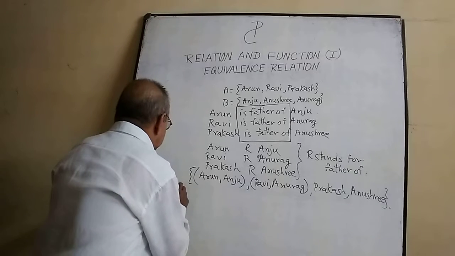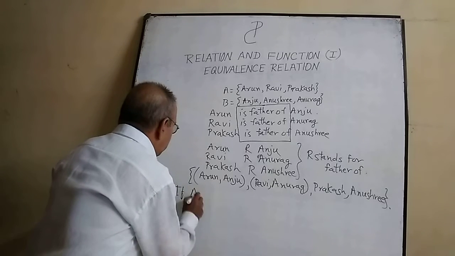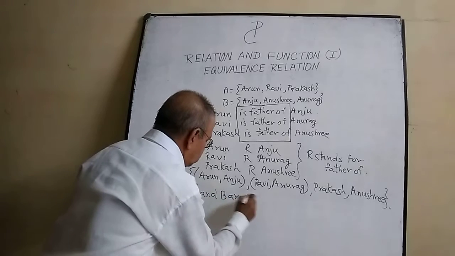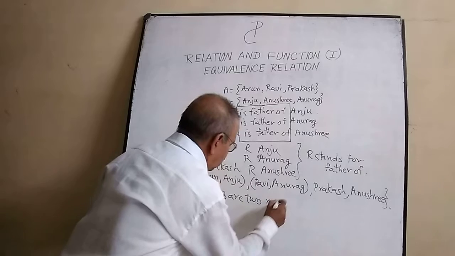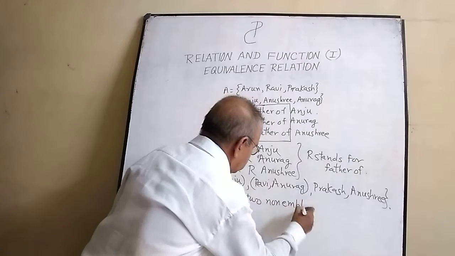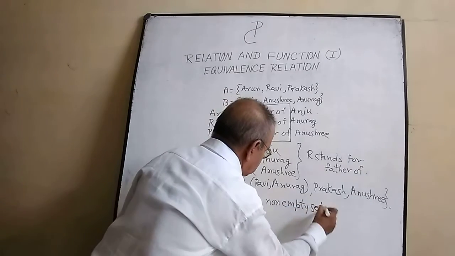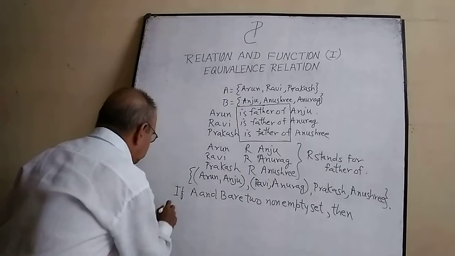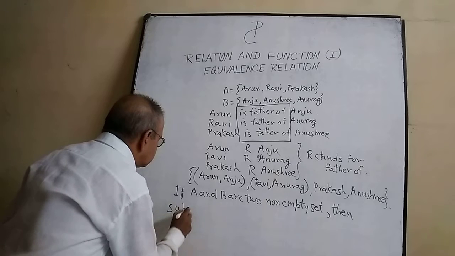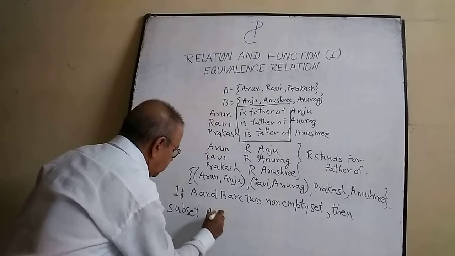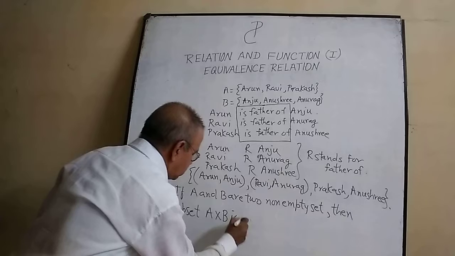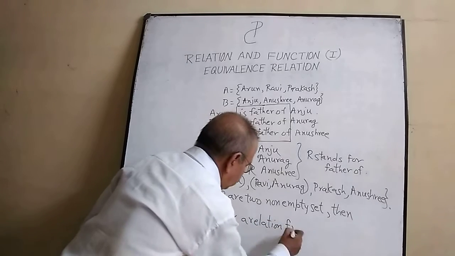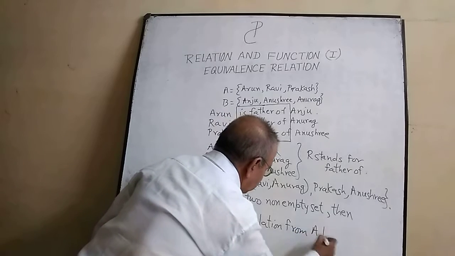So if A and B are two non-empty sets, then a subset of A cross B is a relation from A to B.